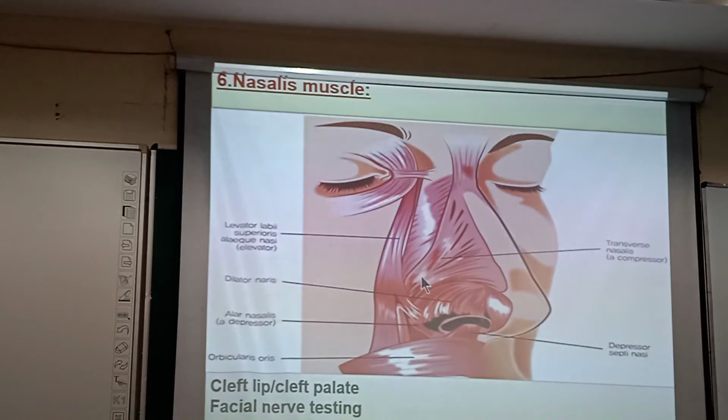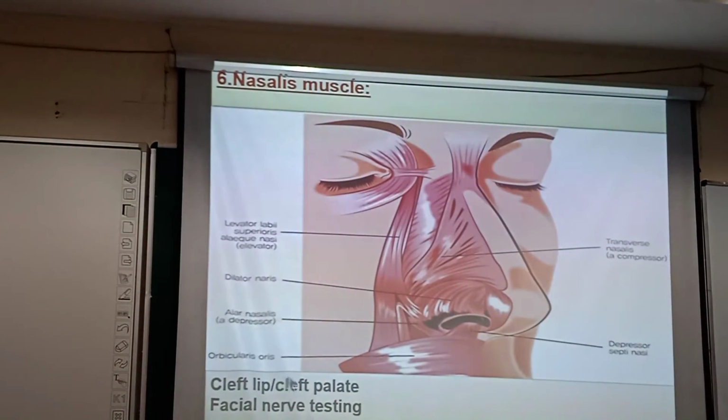And dilator naris takes its origin from the maxilla itself and gets inserted into the ala of nose. Compressor naris narrows the nasal aperture, whereas contraction of the dilator naris leads to widening of nasal aperture, and it gets affected in cleft lip and cleft palate.